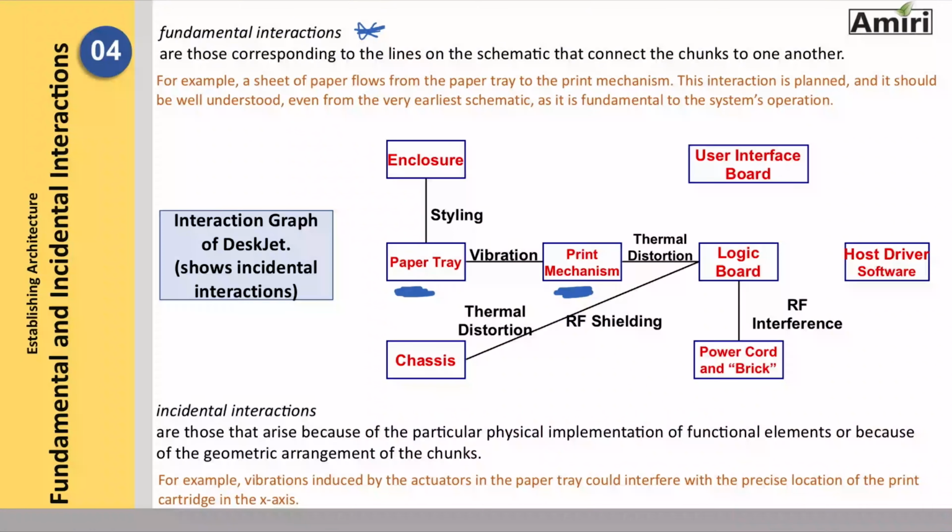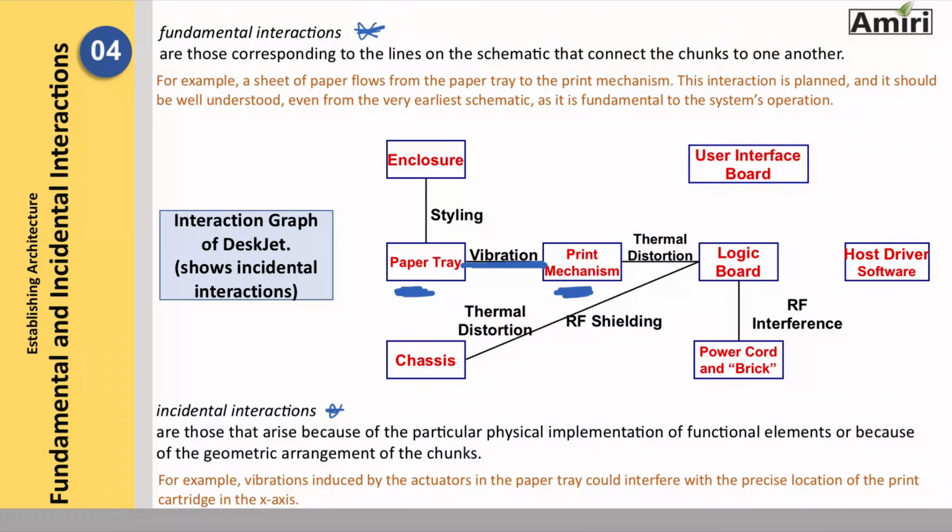That line that connects the two, that's a fundamental interaction. This interaction is planned, and it should be well understood from very early schematics of the architecture. It's fundamental to the system's operation, and that's why they're called fundamental interactions. These are easy to deal with. They're known, they're planned.